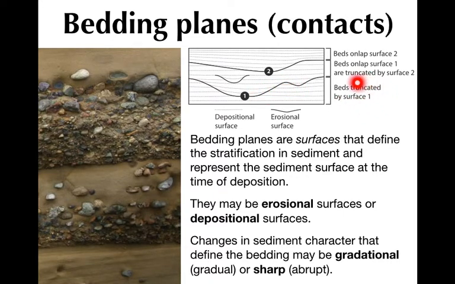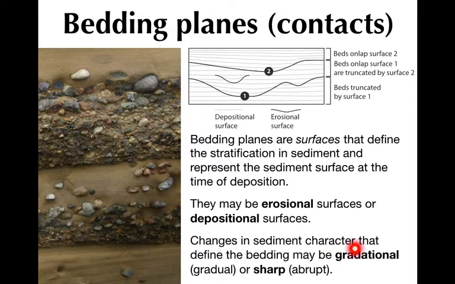The beds in this case down here are truncated by this erosional surface number 1. The beds here onlap that surface, are basically draped over this erosional surface, and then they are truncated by erosional surface 2, and then more depositional surfaces are deposited on top of that erosional surface 2, and they onlap it.